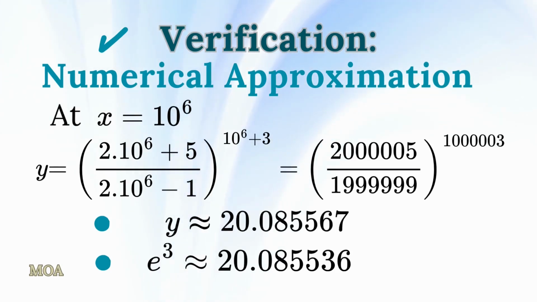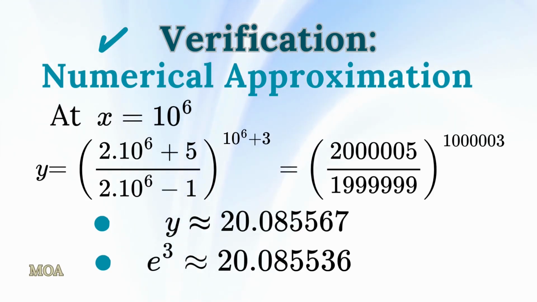Let x equal 10 to the power 6. Then the expression for y becomes ((2 times 10^6 + 5) / (2 times 10^6 - 1)) all raised to the power 10^6 + 3.